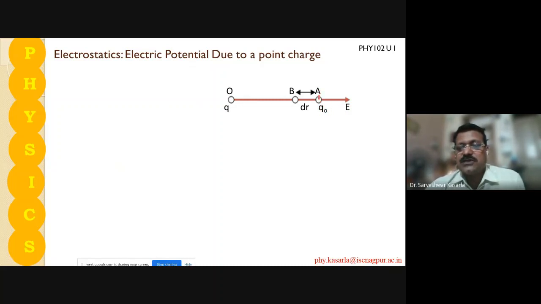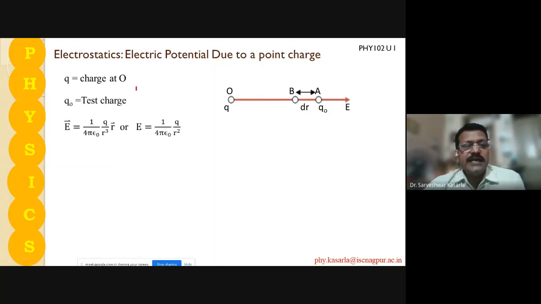This test charge q0 is moved from A to B by distance dr. Okay, what happens? Let us see. So q is the charge at O, q0 is the test charge, and the intensity at a distance r, if you consider this distance as r, will be equal to this much.